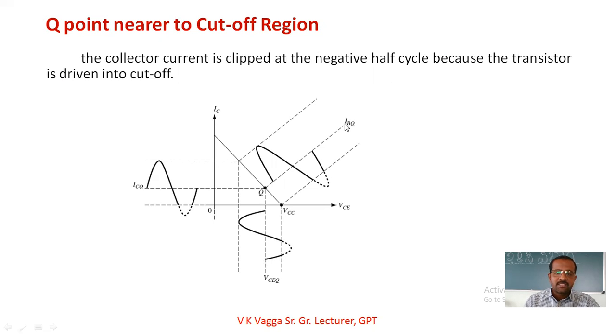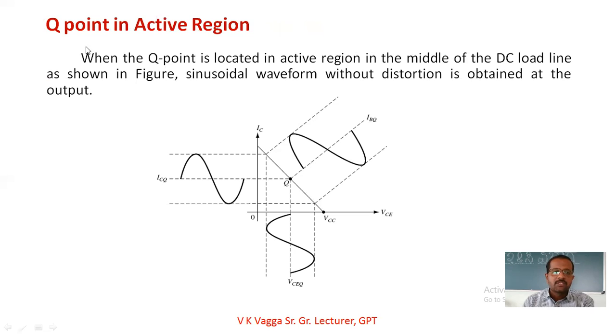So IB is the input current, IC is the output current, and VCEQ is the output voltage here. Understood? The important point to remember is that if the Q point is exactly in the middle, the entire signal appears at the output.